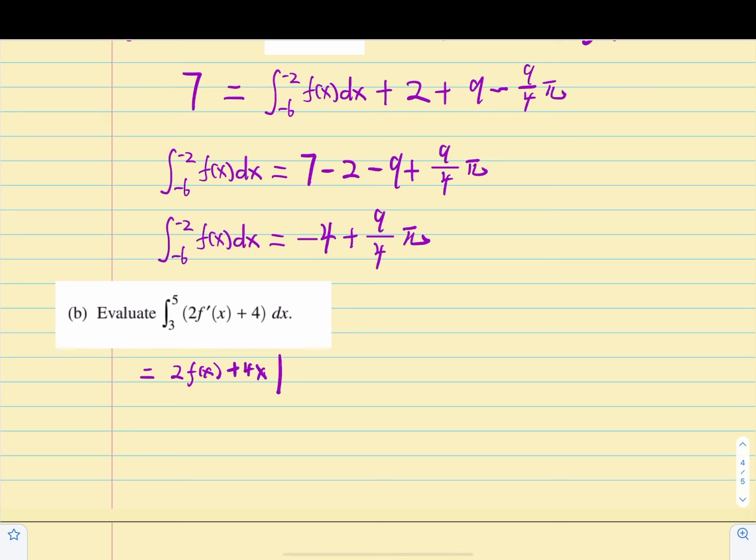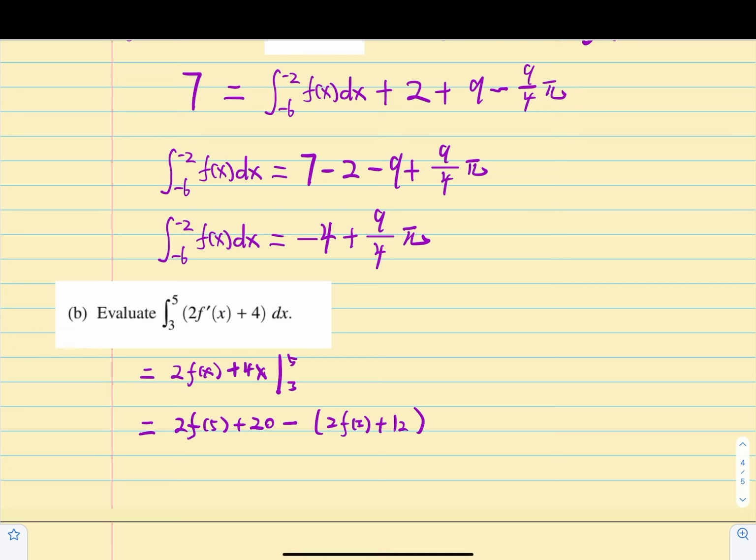And we want to find this from 3 to 5. And we write 2 multiplied with f(5) plus 4 multiplied with 5 is 20, and minus 2 multiplied with f of 3 plus 3 multiplied with 4 is 12.